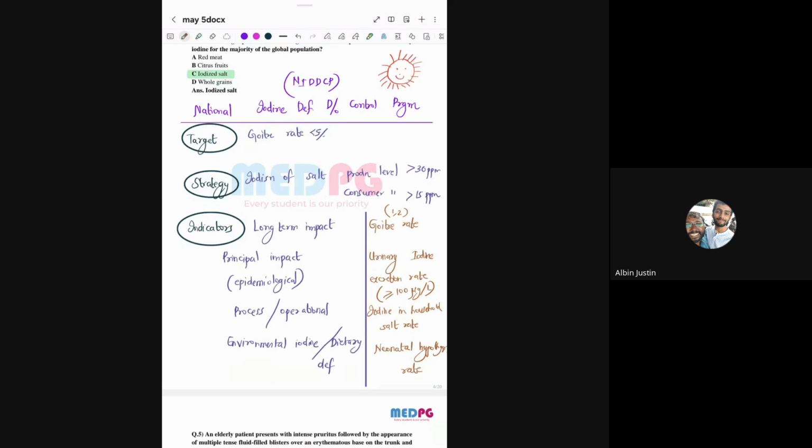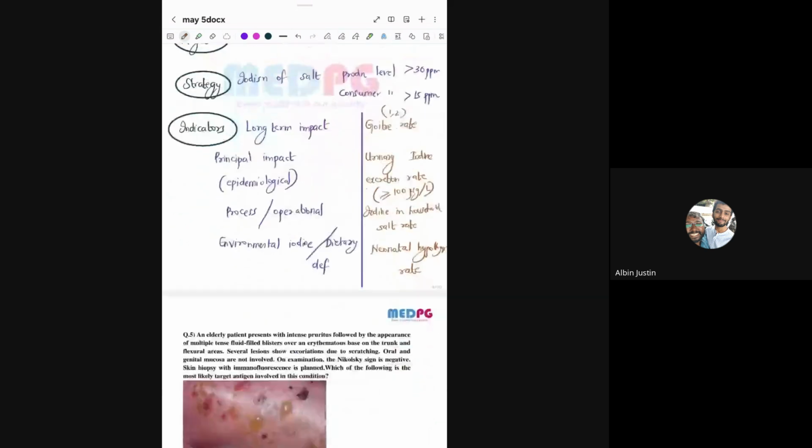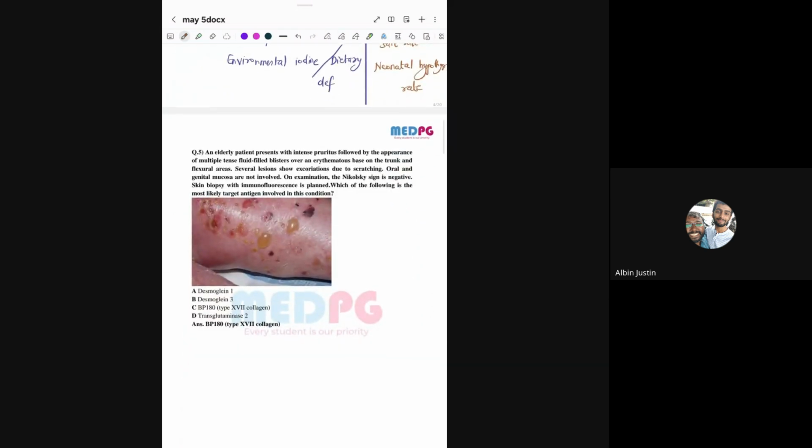Now moving on to question number 5. So bullous skin disease, BP. What is the collagen? It is BP 180, or type 17. Now DSG 1 is for PF. DSG 3 is for PV.